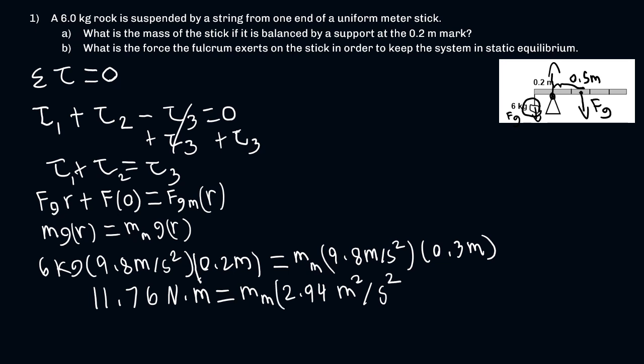So in order to do that, since I'm multiplying it by this value here, 2.94 meters squared per second squared, I'm going to divide this out from both sides since that is the opposite of multiplication, and I'm going to end up with my value for the mass of the meter stick. So this will end up canceling out. I have 11.76 newtons times meters here, and I will end up with my mass of the meter stick.